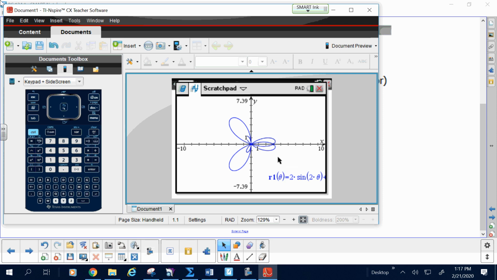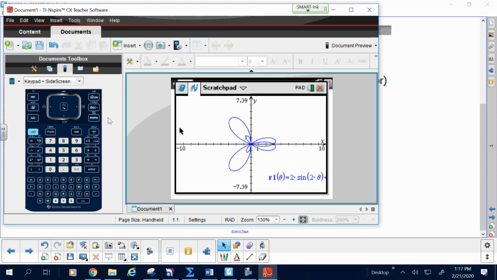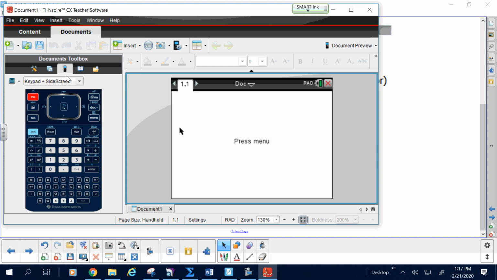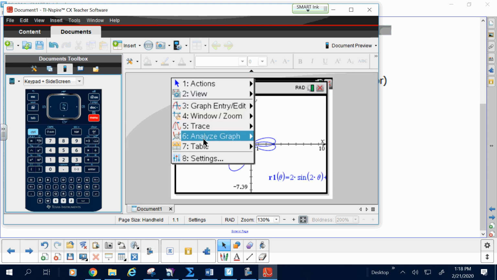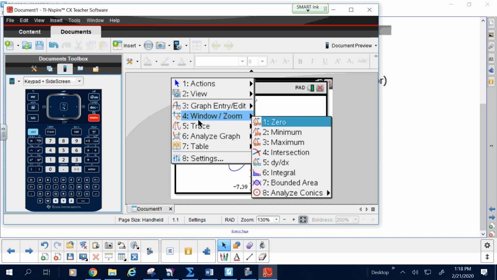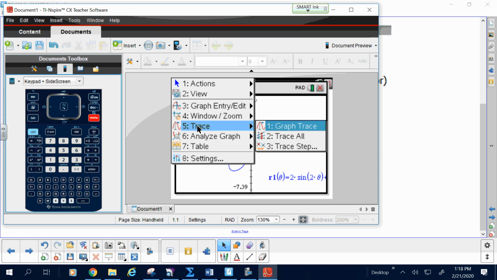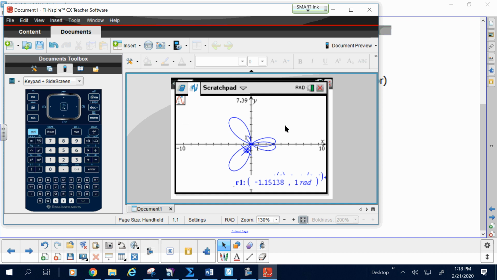Okay. So say we wanted the tangent line. Let's start by hoping things go well. Go menu, analyze graph. Actually, let's see trace first. Let's see if we can get a point in trace mode. So try graph trace, and go to just 1.